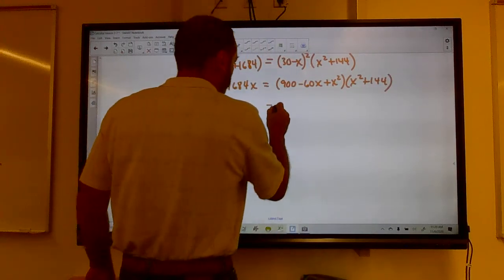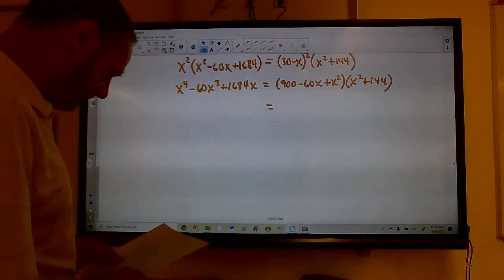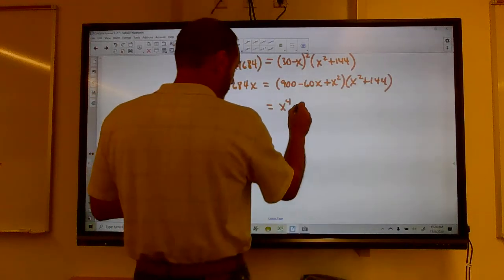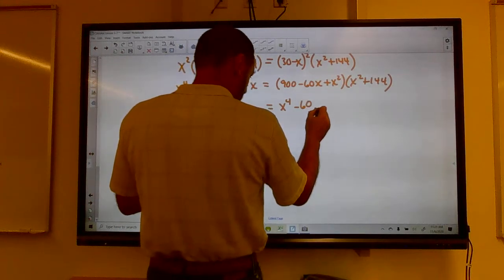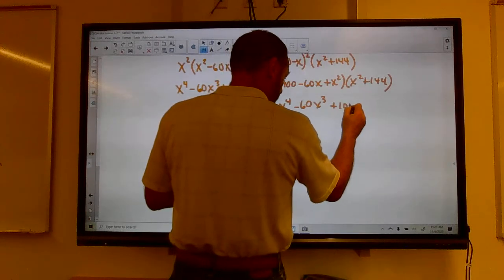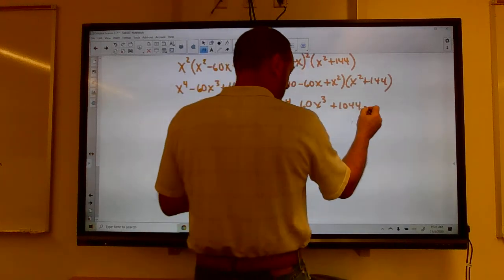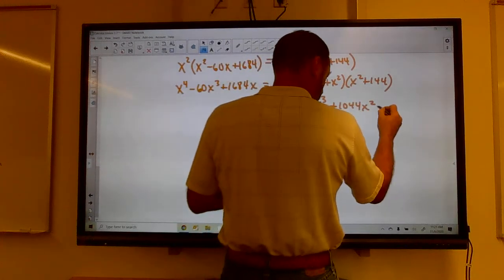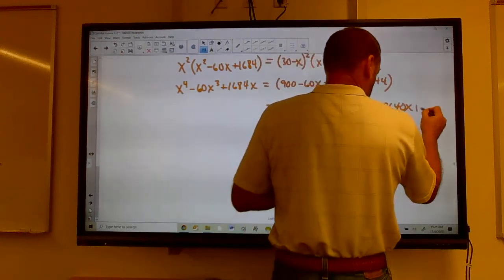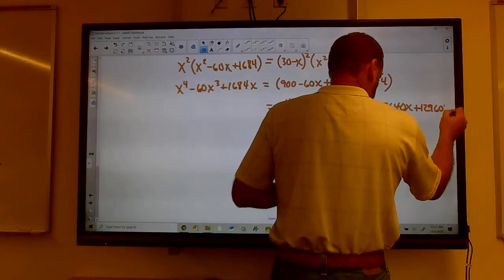And if you want, you can use the box method or whatever to solve this. This is going to come out to be x to the 4th minus 60x cubed plus 1044x squared minus 8640x plus 129,600.